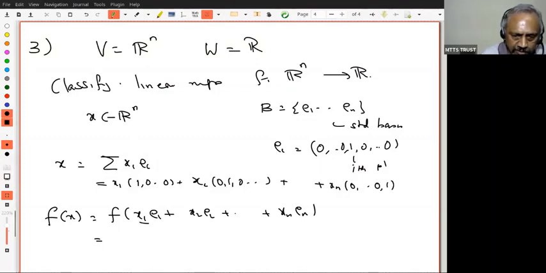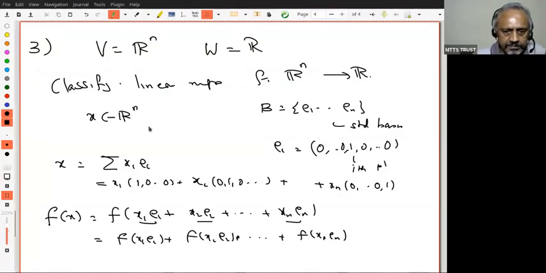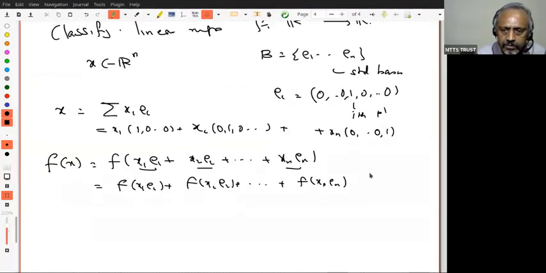There is addition of these vectors. Therefore it will be f of x1 e1 plus f of x2 e2 plus dot dot dot plus f of xn en. Do you understand this? This is because f respects addition.